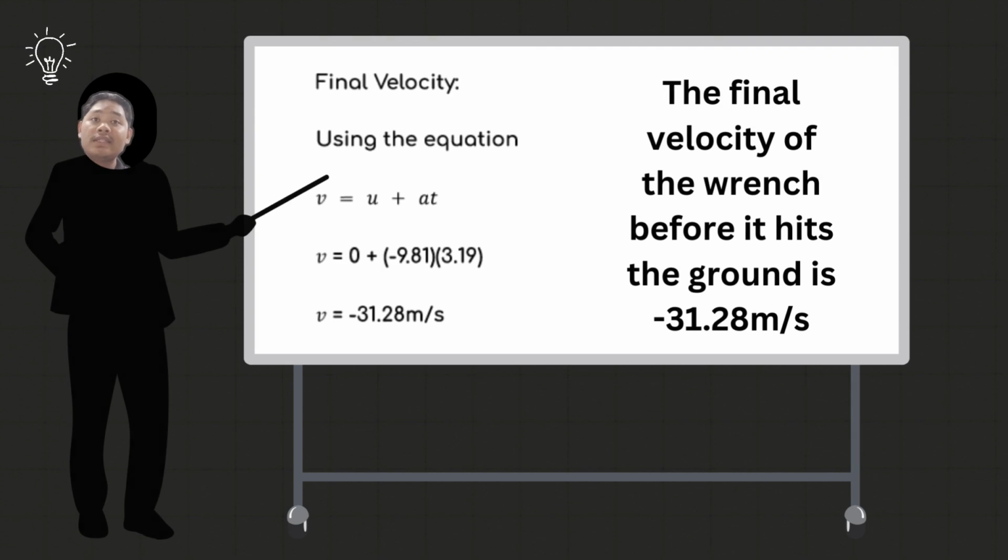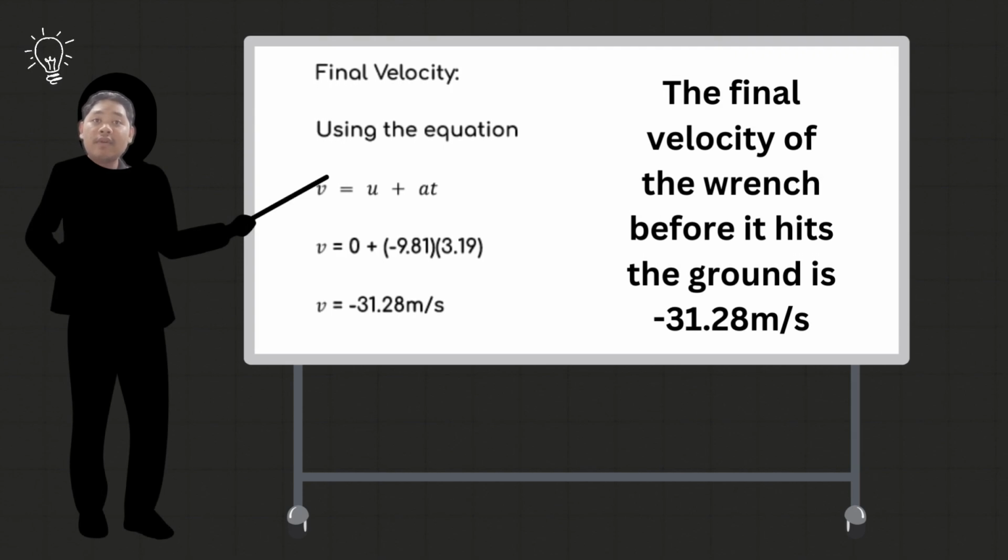Lastly, what is the final velocity of the wrench before it hits the ground? Using the equation v = u + at, where u equals 0, a equals negative 9.81, and t equals 3.19 from the answer of the previous question, we get v, the final velocity, equal to negative 31.28 meters per second.